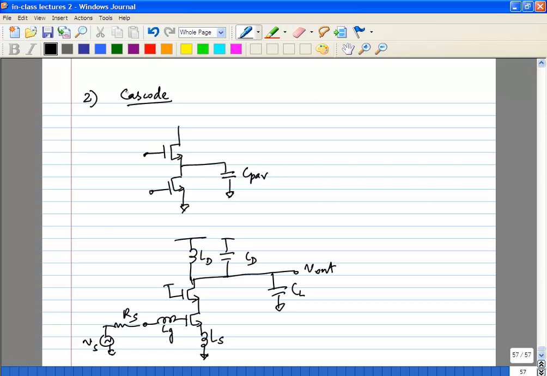You have some load capacitance, CL, and you're going to try to make CD much larger than CL. We talked about it last week. Okay, so this is what a typical common source amplifier would look like.